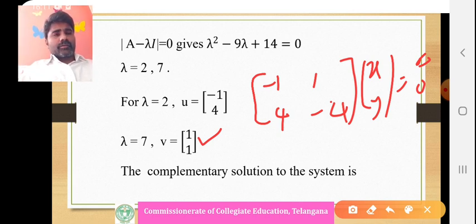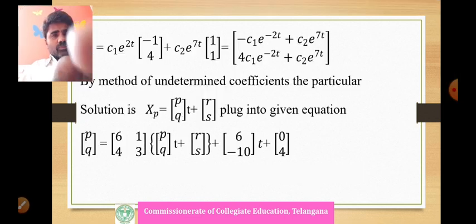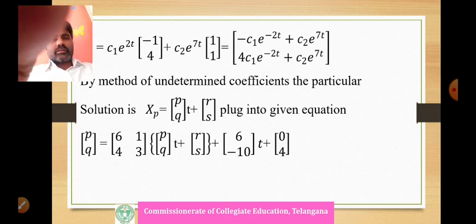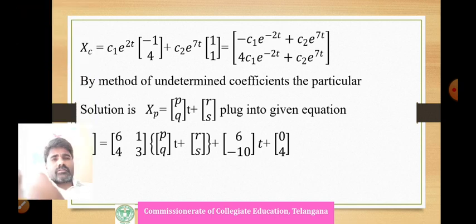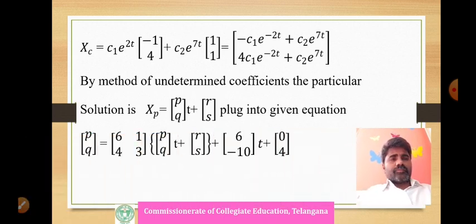Now, after getting the eigenvalues and eigenvectors, we can write the complementary solution to the given system, which is given by xc = c1 e^(2t) (-1, 4) + c2 e^(7t) (1, 1).